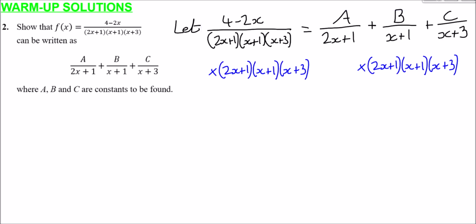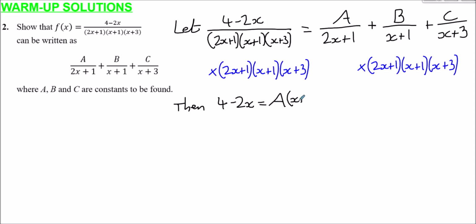And what we can say is then 4 minus 2x, because if we multiply by all of these things on the denominator, we'll just have a numerator left. So then we'll have a. Now if we multiply through everything by this thing here, the 2x plus 1 will cancel for the a. So we'll have a, then the x plus 1 and x plus 3 on the top.